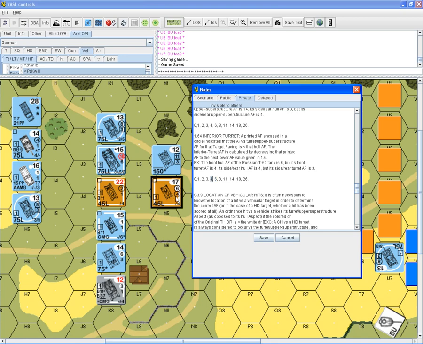So the upper structure or turret on this vehicle, if you hit it from the front, is a 4. If you were to attack it from the side, its hull value is a 4. If you attack this vehicle from the side and hit its turret, it's got a circle, so it's going to be 1 less. So in this case, it's going to be a 3.